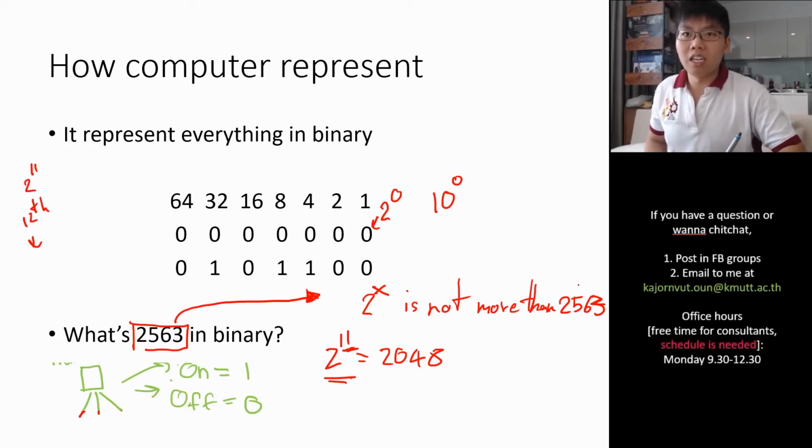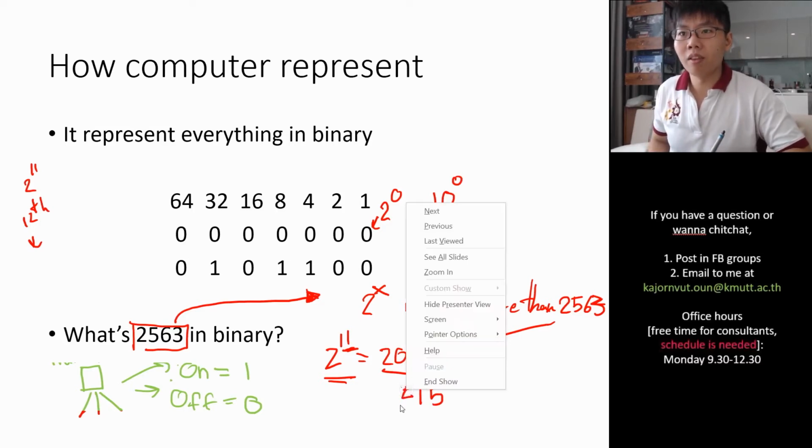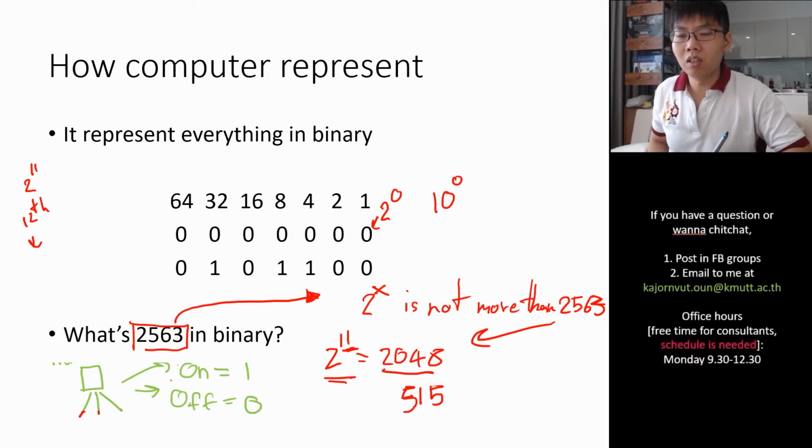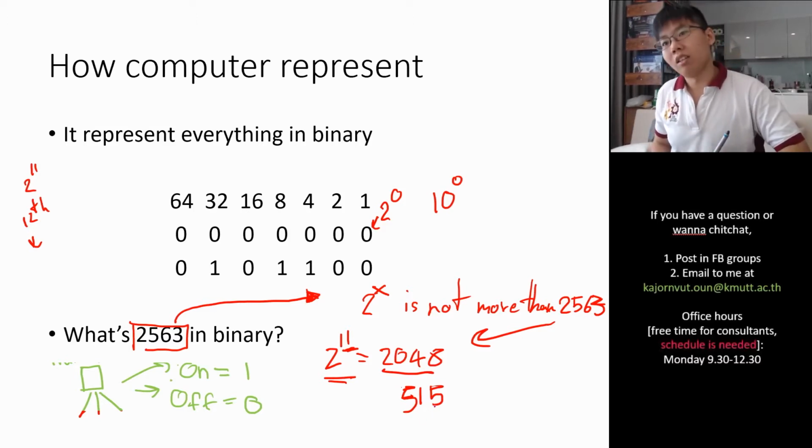Okay, and then what you do is subtract 2048 from 2563. In the end, it's going to leave 515 here. You do the same thing: you try to find the closest power of 2 that is not more than 515.